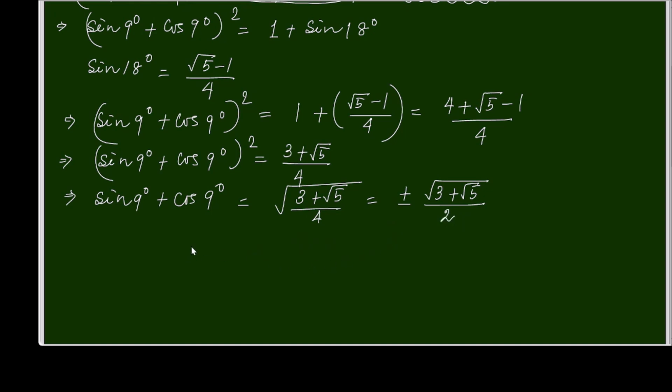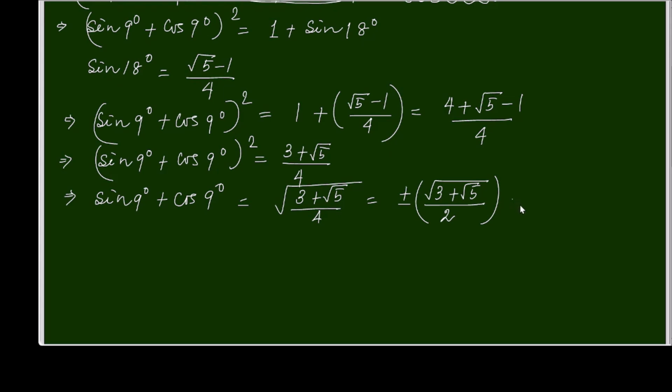Now cos 9 degree and sine 9 degree are both positive, because 9 is an acute angle in the first quadrant, so it cannot be a negative value, it will be positive.